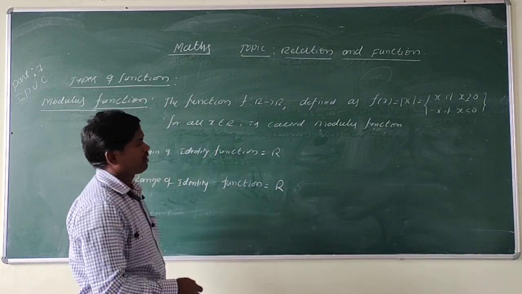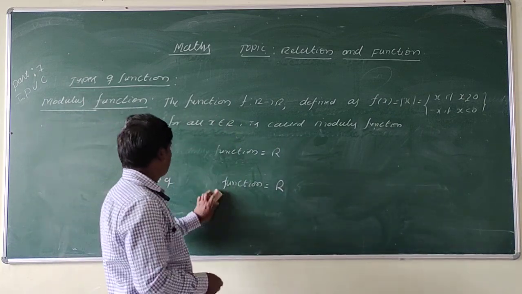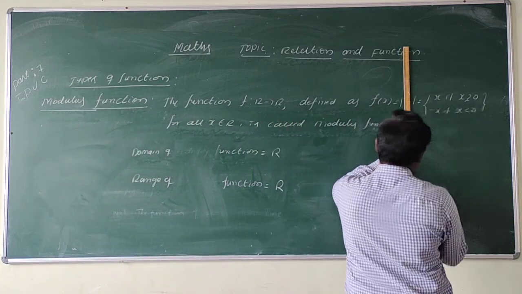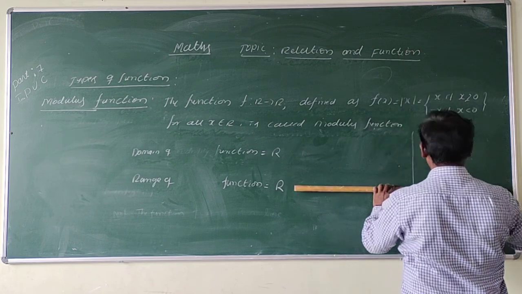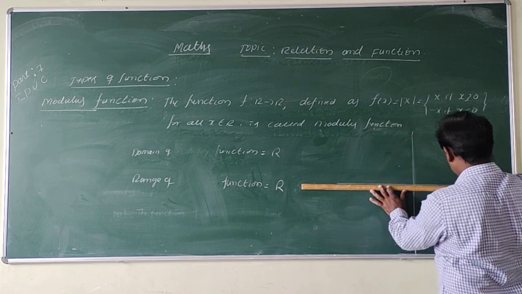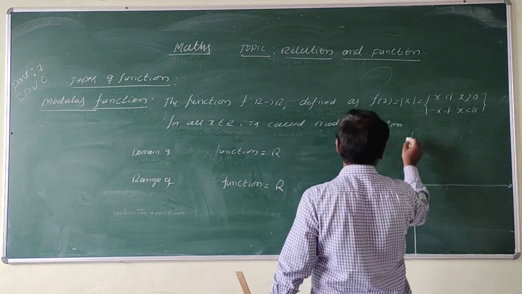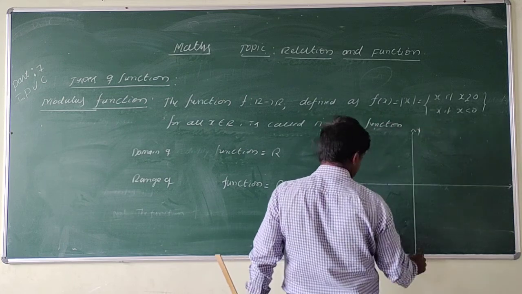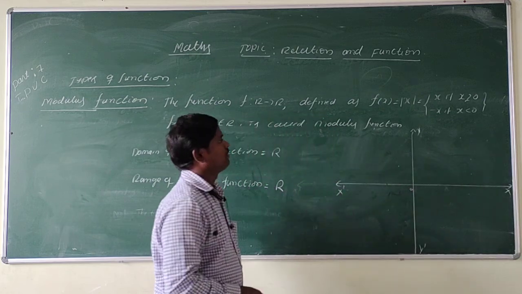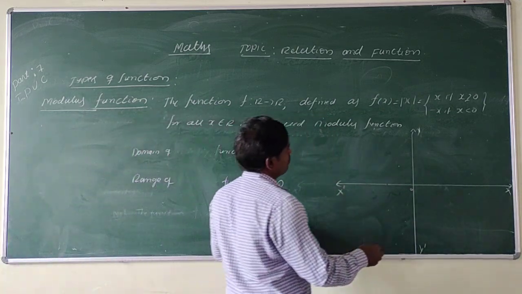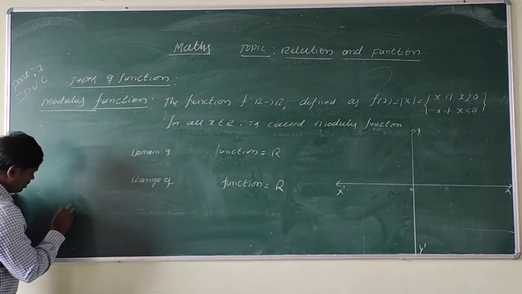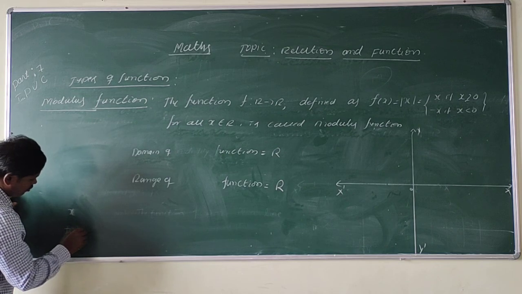So what about its graph, domain and range? See here, this is y, y dash, x dash. I am taking an example table. This is the x value and this is f of x is equal to mod x.